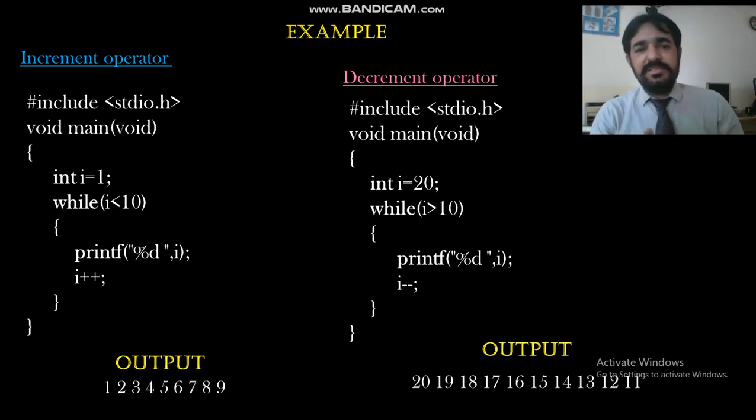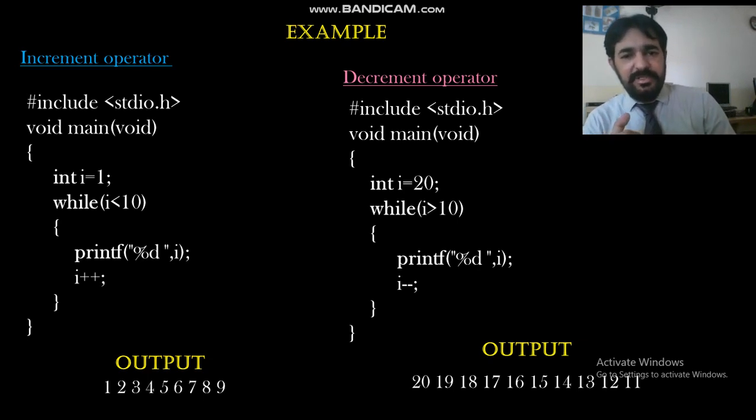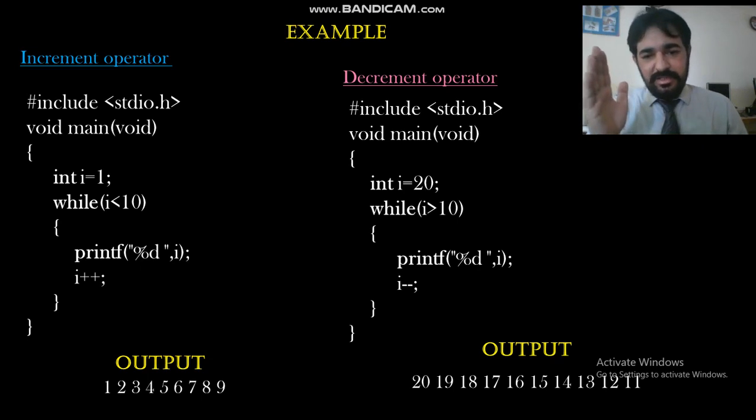Then we have an example of the decrement operator. Similarly, #include <stdio.h>, void main(void), then we are initializing variable i equal to 20, while i is greater than 10, then printf("%d", i), and i--. When we use an integer variable, then we use %d.